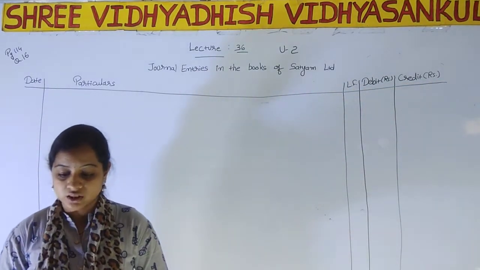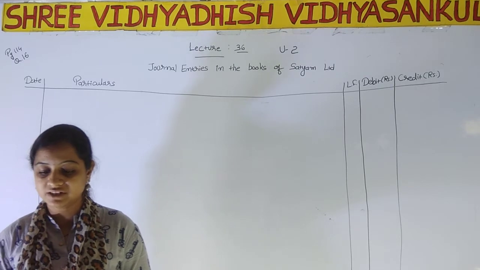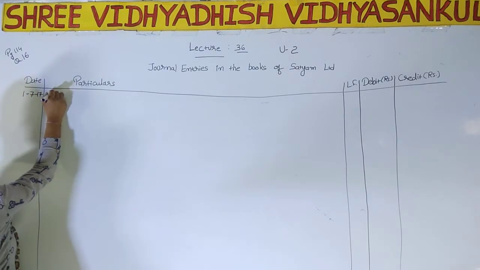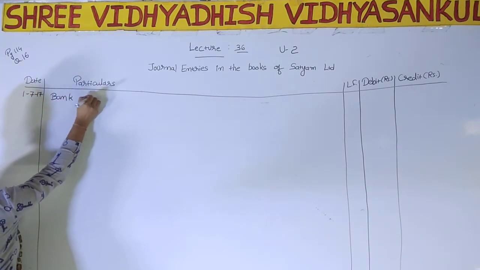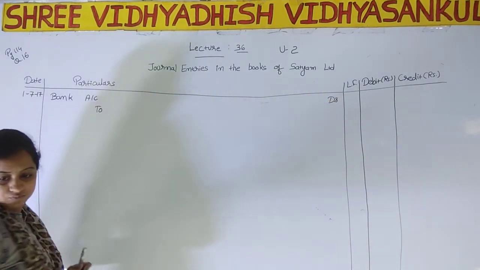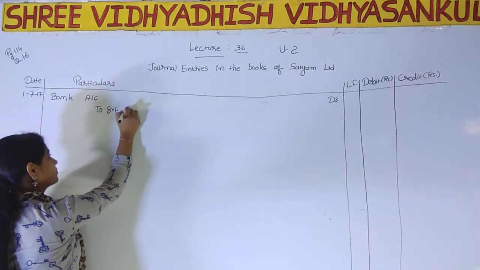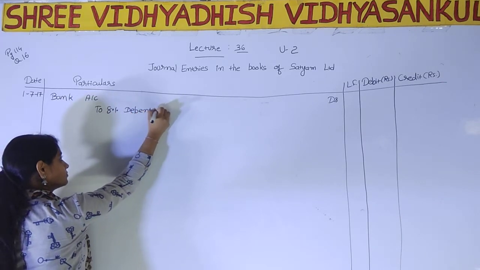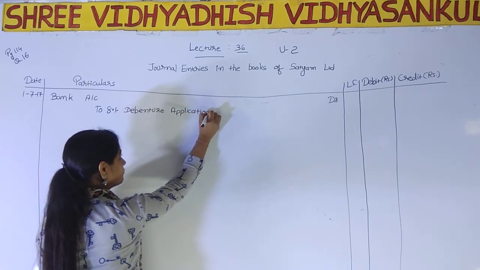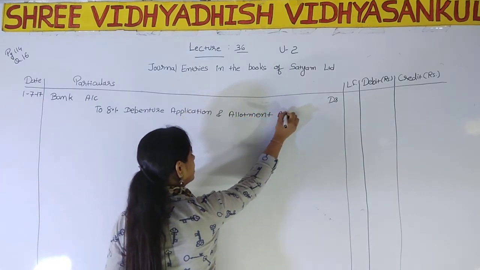So, the first 2 entries are connected with issued entry, and the issued date is 1/7/17. 1/7/17, right? The journal entry will be bank account debit to 8% debenture application and allotment account.